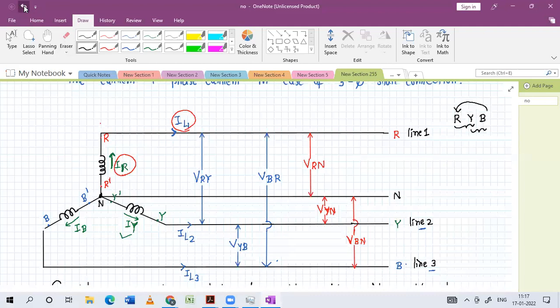So from the figure, I can say IR is equal to IL1.